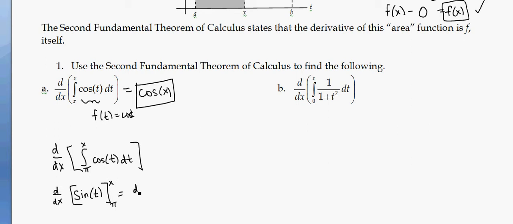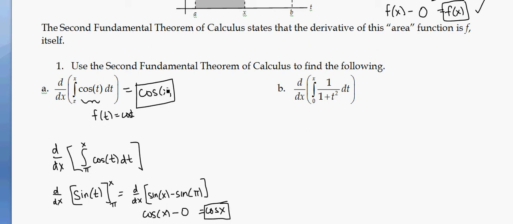So I would be taking the derivative of sine of x minus sine of pi. The derivative of sine of x is cosine, and the derivative of sine of pi is just a number, so the derivative of it is 0. And so the long way, we also get cosine of x.